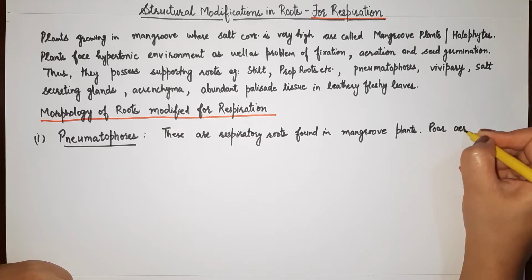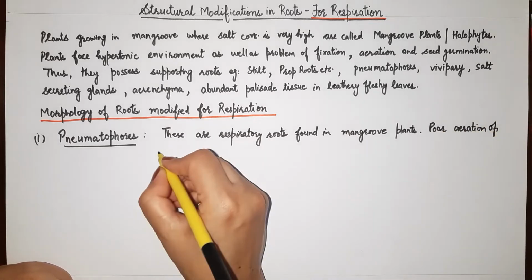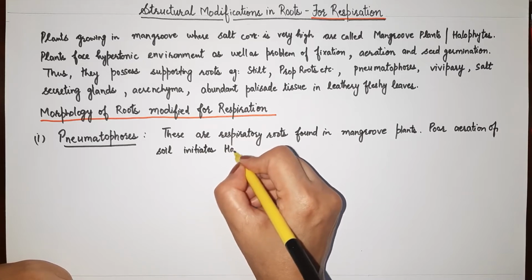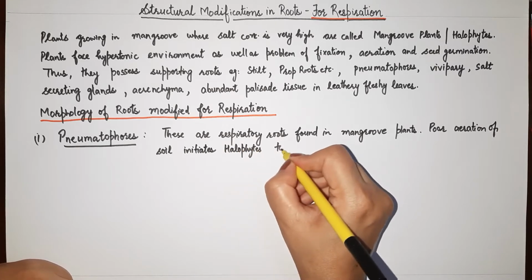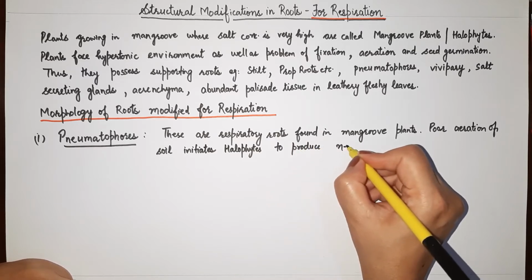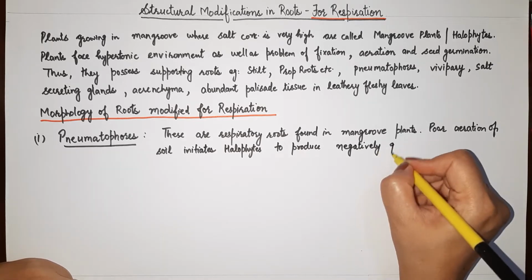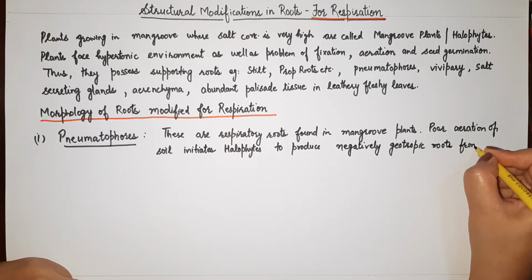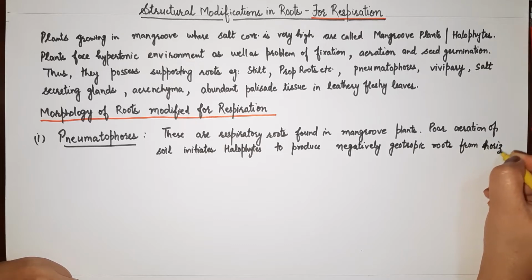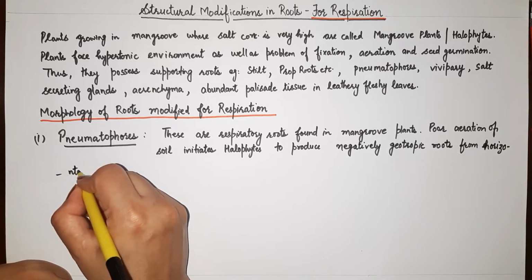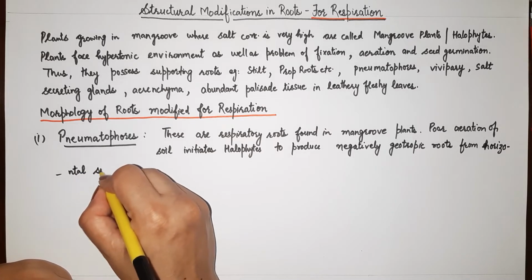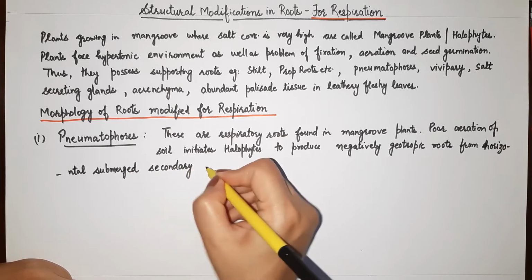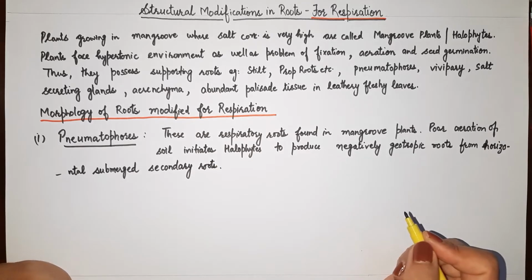Poor aeration of soil initiates halophytes to produce negatively geotropic roots from horizontal submerged secondary roots, which are pneumatophores.